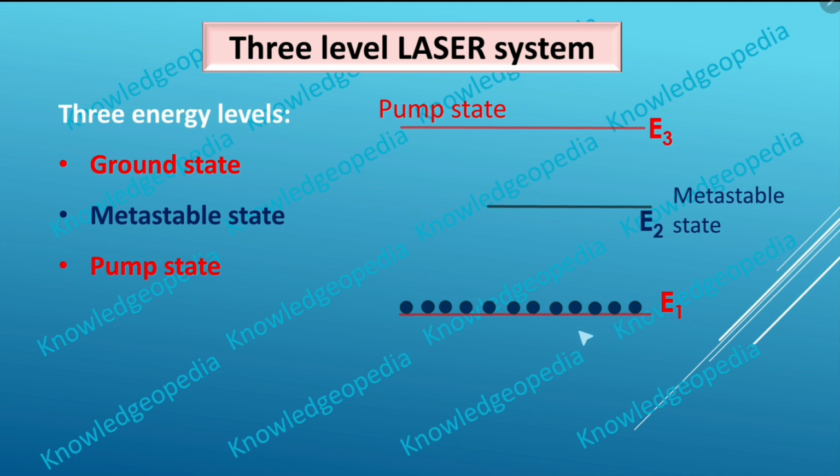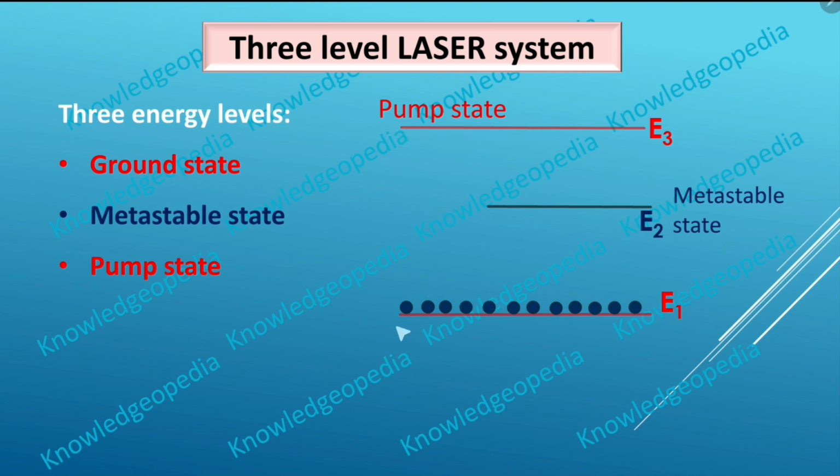If we apply some radiation to pump the atoms to the higher energy state, these atoms will move to a higher energy state, and the state to which these atoms move after absorbing the radiation is known as the pump state.